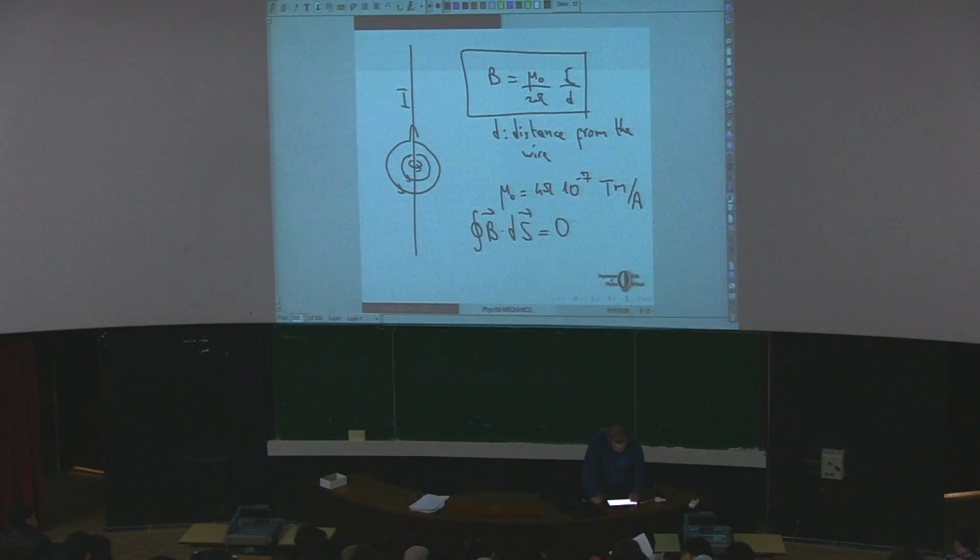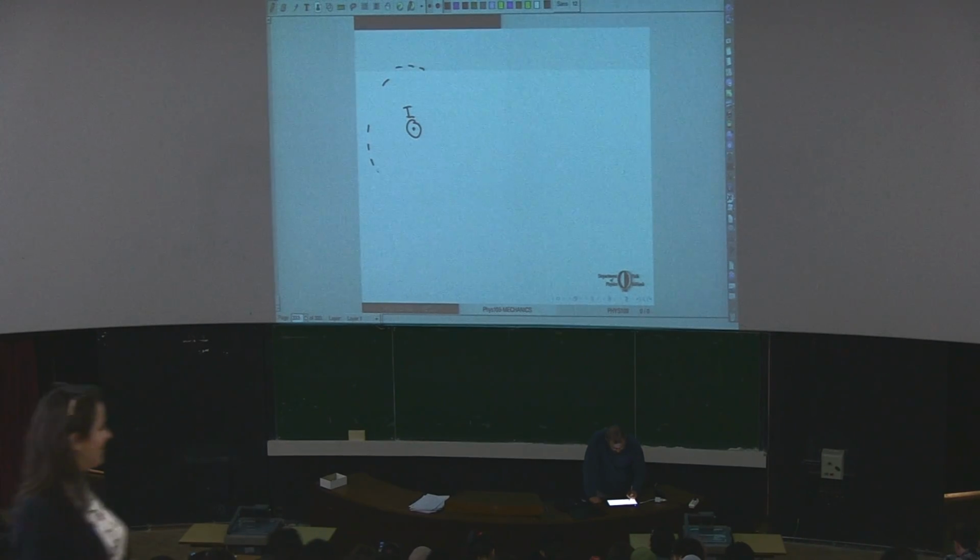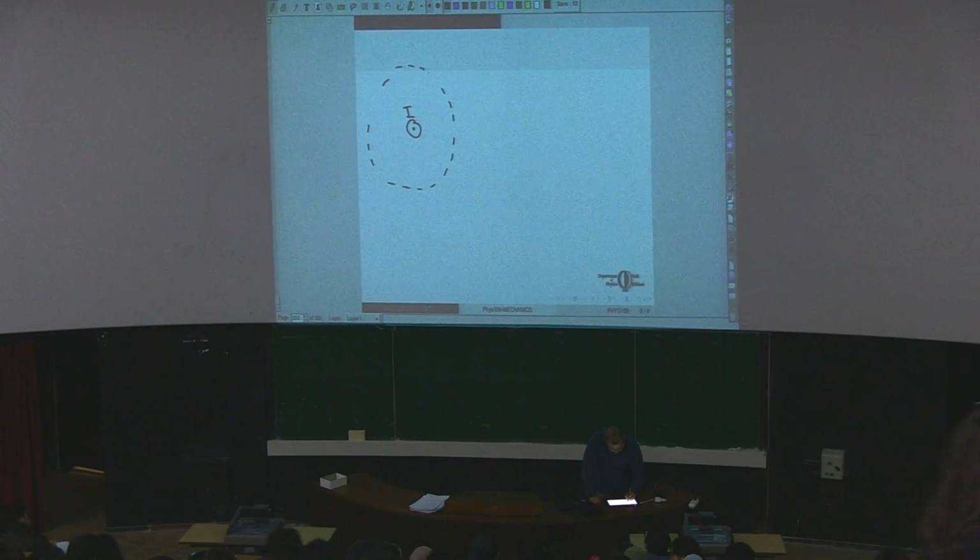But let's look at this one. Suppose we have this current just getting out of this screen. Let's imagine a circle this time, of radius, let's say r. Now, what is the magnitude of the magnetic field along this circle?